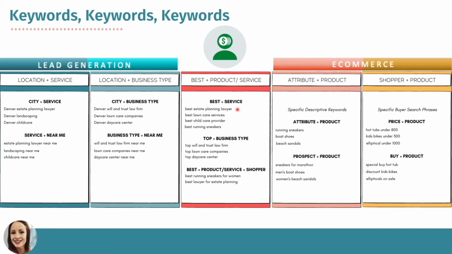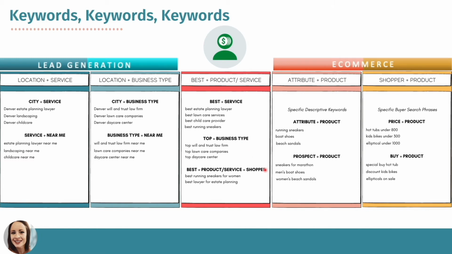So we want a different specific ad group that targets best and the service that you offer. And then top, because top is also a search term that is frequently used. Top, business type. So best service, top business type, and then best product, service, and shopper.